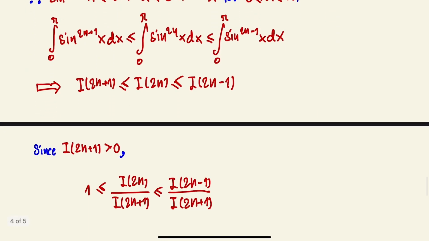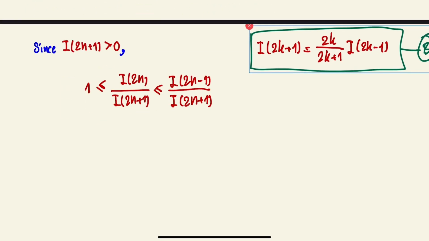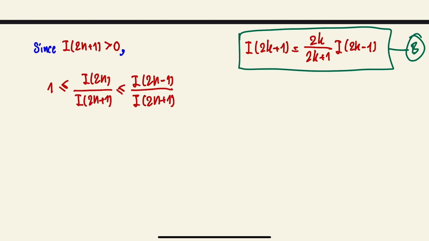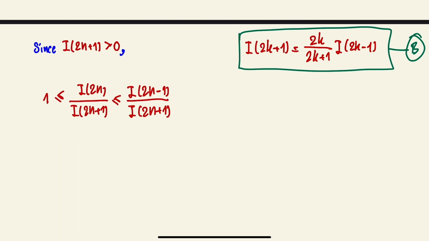What happened to the denominator? The denominator is going to be I of 2n plus 1, which is 2n over 2n plus 1 times I of 2n minus 1.